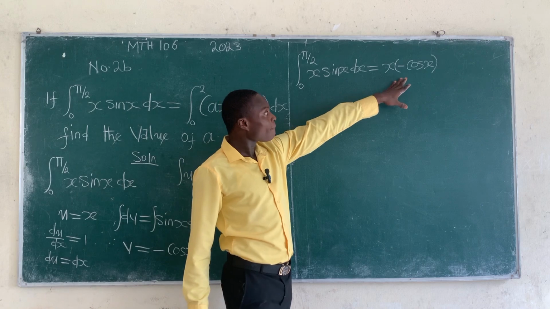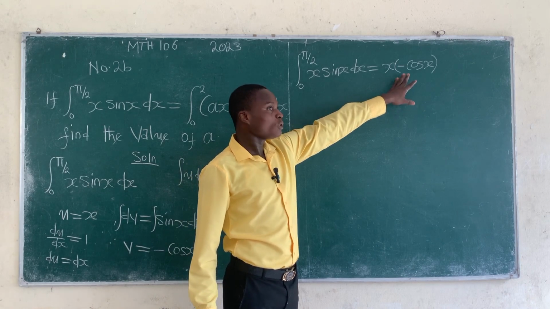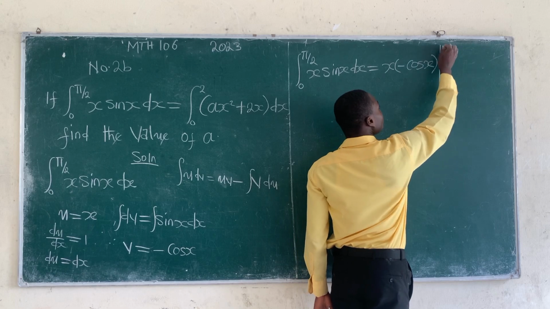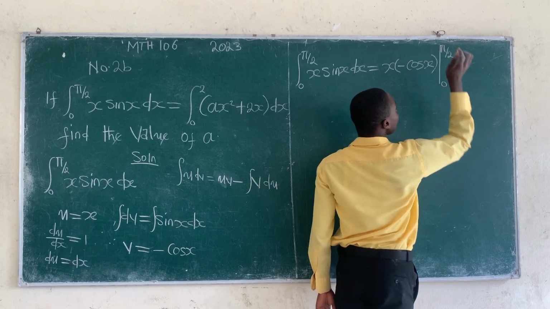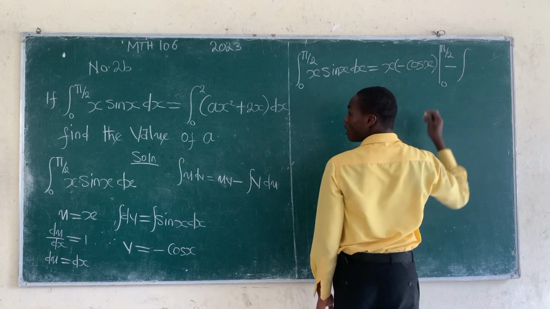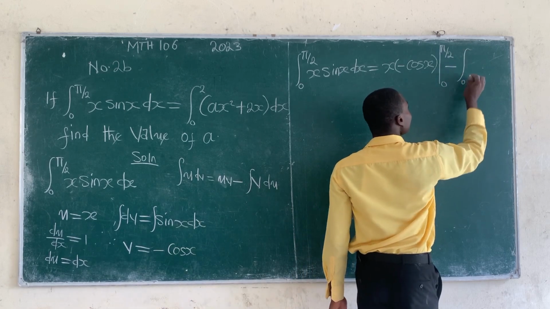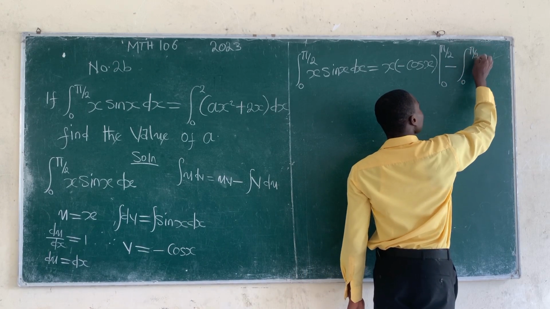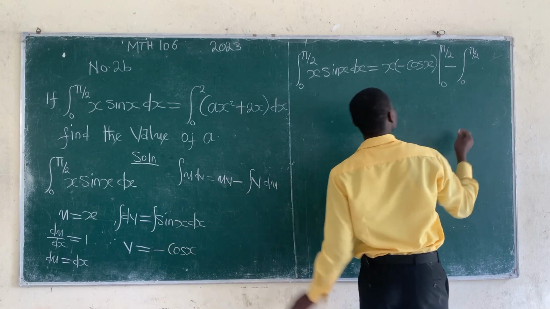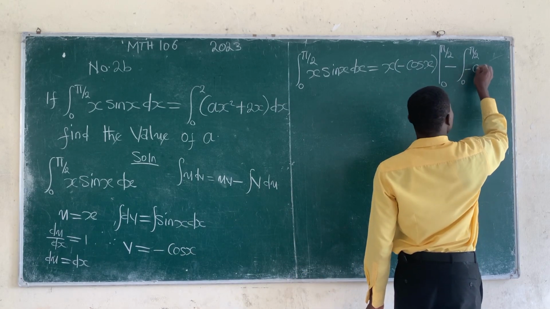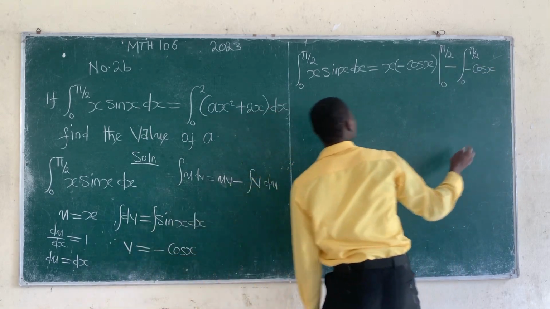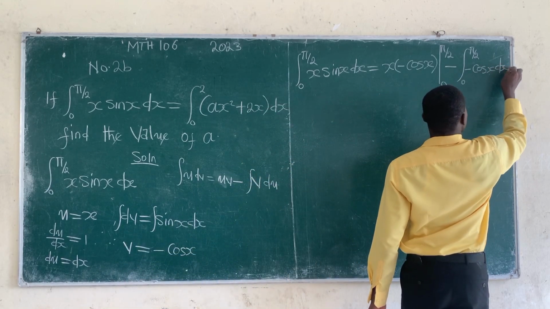So we need to apply that interval here. We need to put the interval. So the interval there is from 0 to pi over 2. Then the next one there is minus the integral from 0 to pi over 2 of v du, but v is minus cos x, then du from there is equal to dx.